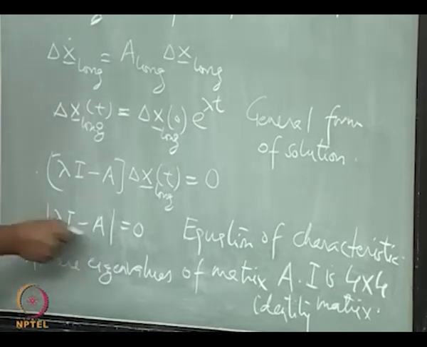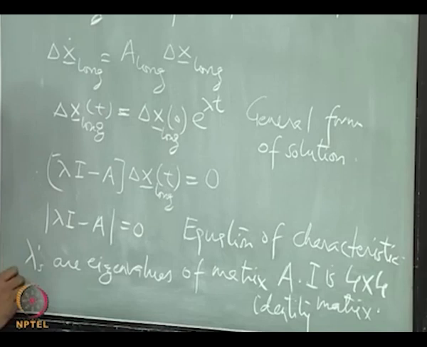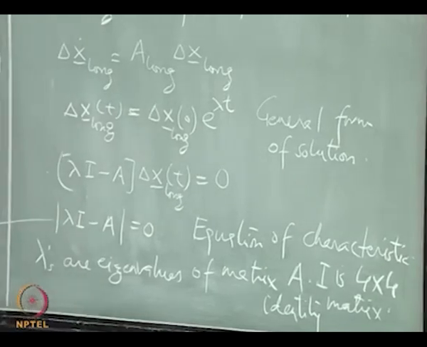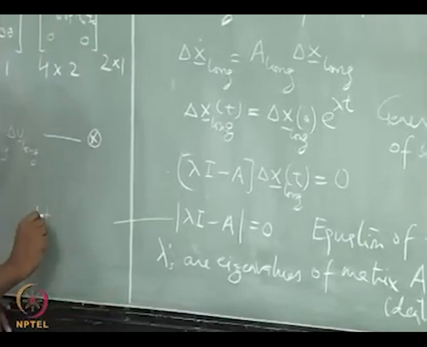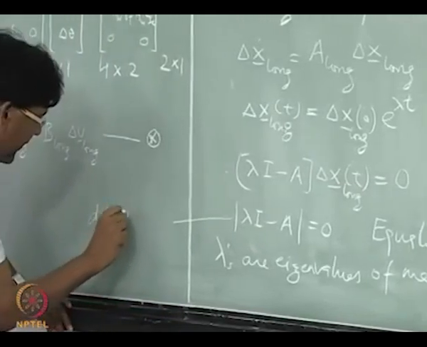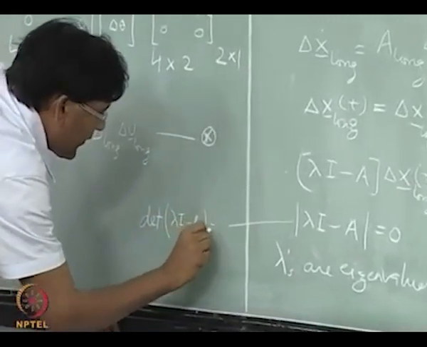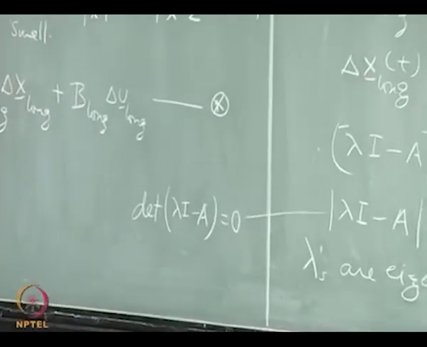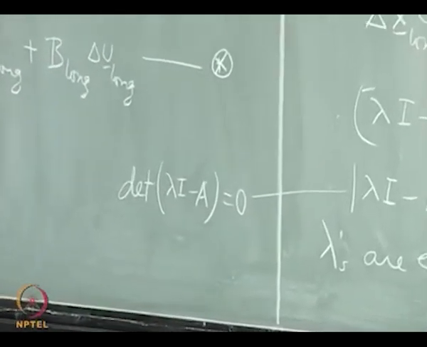This is nothing but the determinant of lambda I minus A equal to 0.